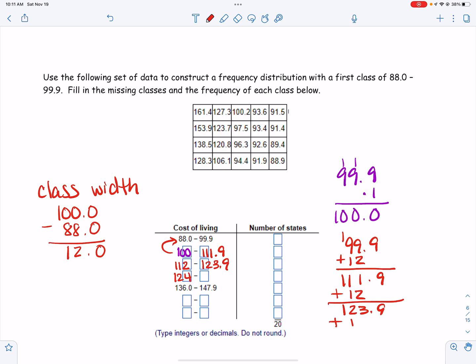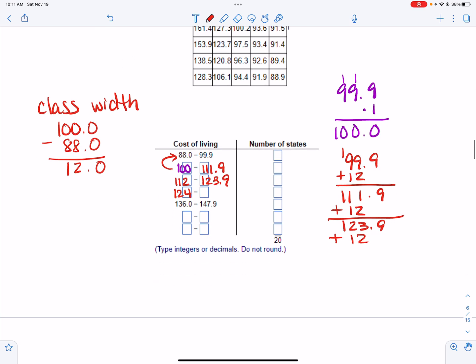And I add 12 to this, and that makes 135.9, which is good because the next one is 136. 147.9, I'm going to be at 148.